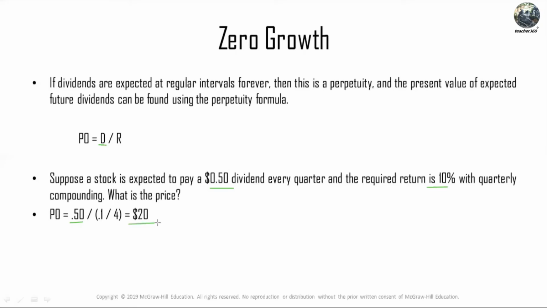So if you invest $20 in the stock, then you will receive a 0.50 dividend every quarter, and the required return is 10%. It is the easiest way to calculate using the perpetuity formula.